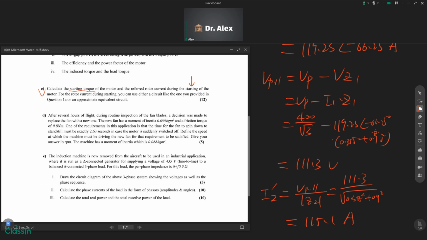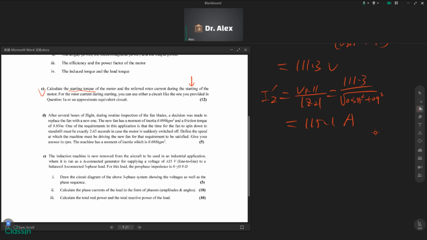We are required to get the starting torque, and we know P equals tau times omega. This current results in the air gap power. So this power is the air gap power, this is our starting torque, and this is our I2.